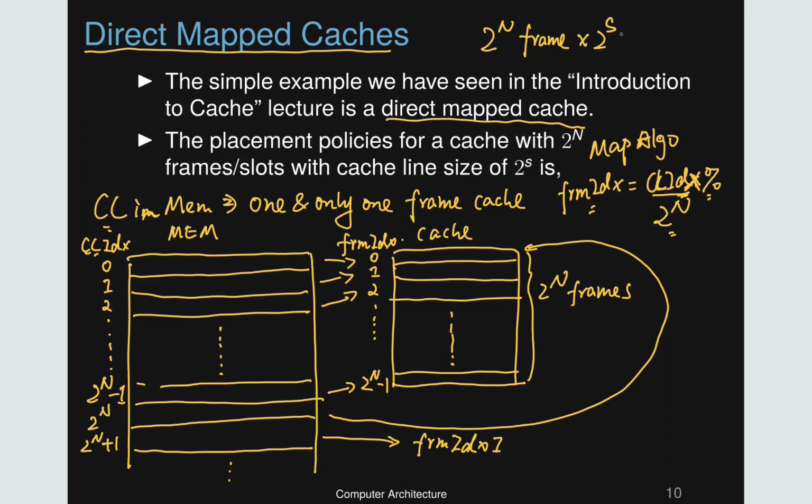So the size of this cache is 2 to the n plus s. This is the size of the cache in terms of bytes. And this equation does not only apply to direct mapped cache, it also applies to any cache.